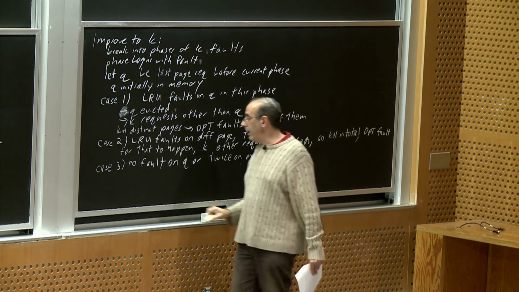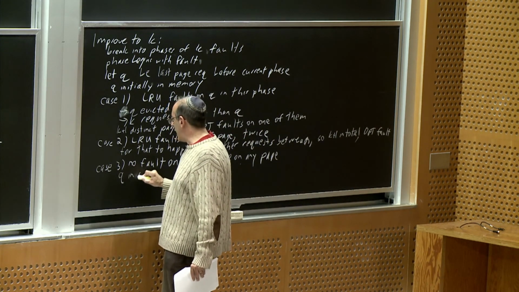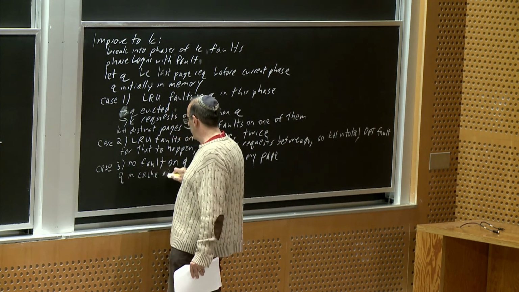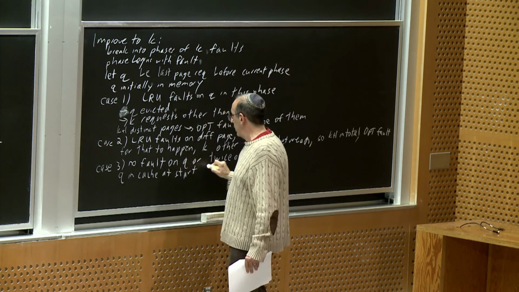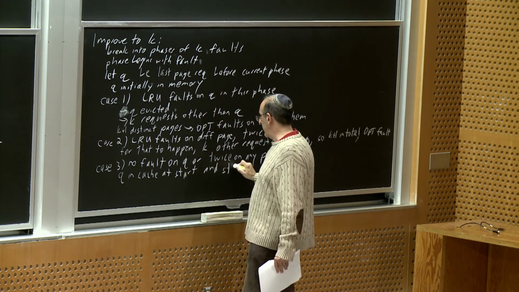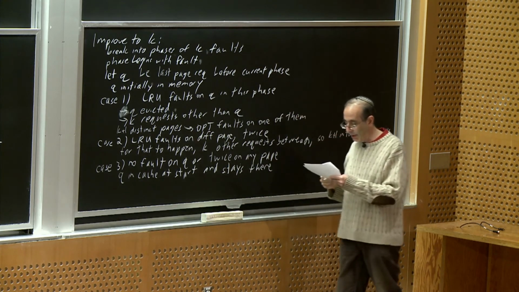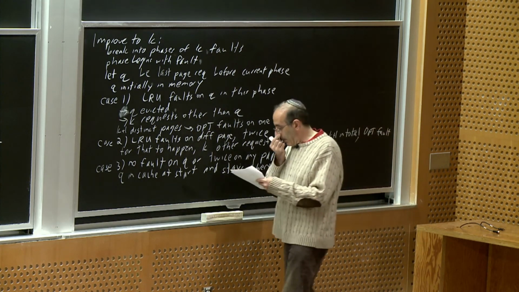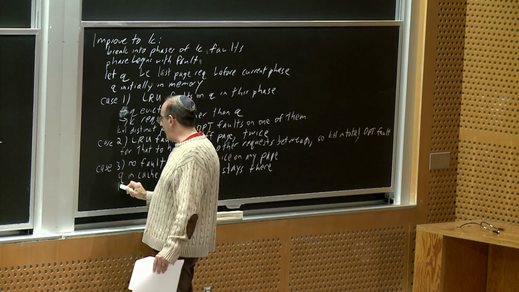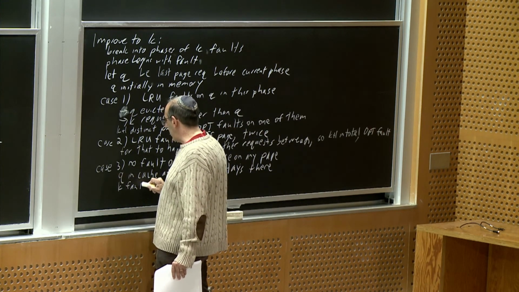That means that Q is in the cache at the start and stays there. It's never evicted. Which means that the K faults that happen in the phase must be for other pages.